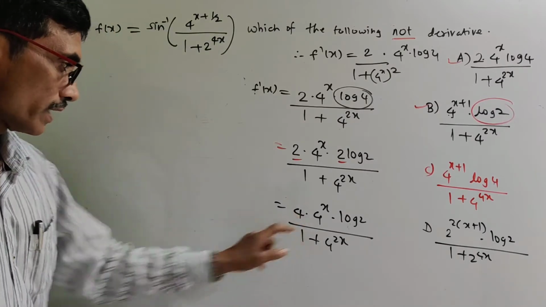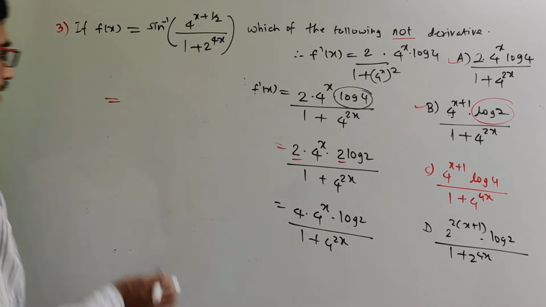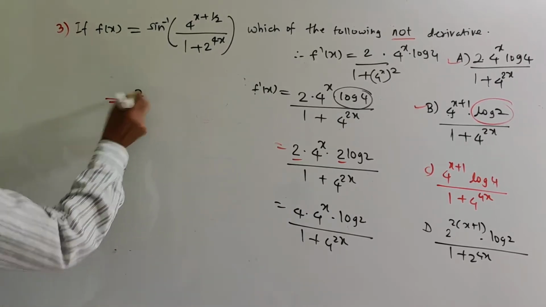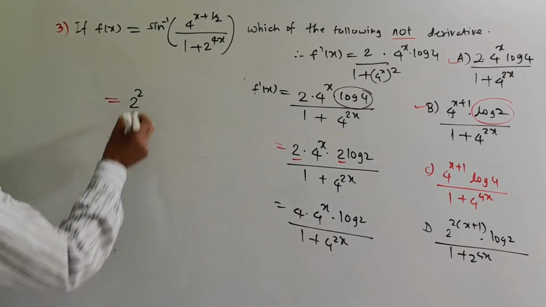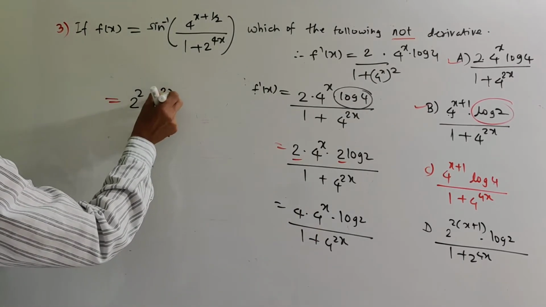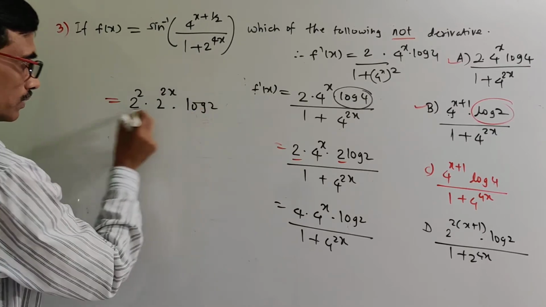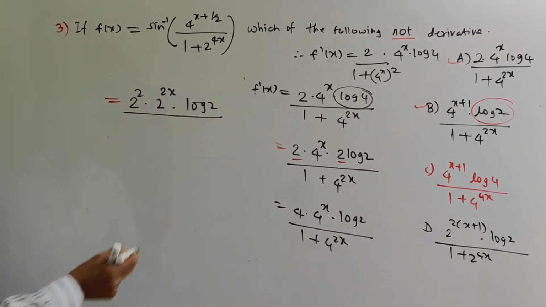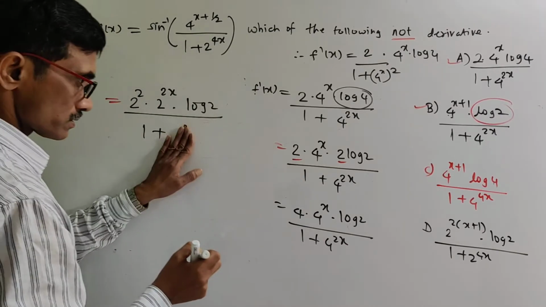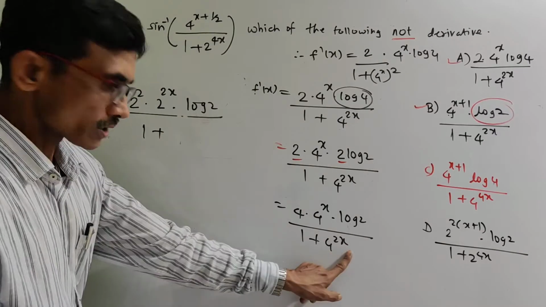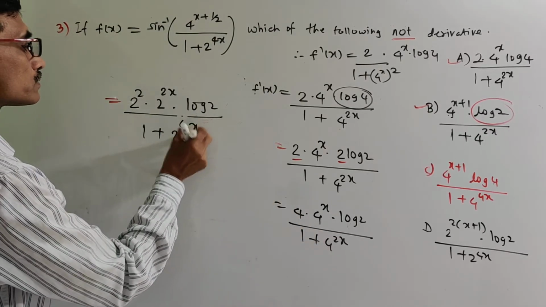Now the numerator we write as 2 squared times 4 raised to power x, and this is 2 raised to power 2x into log 2 upon 1 plus 4 raised to power 2x. We write 2 squared and that is 4x.